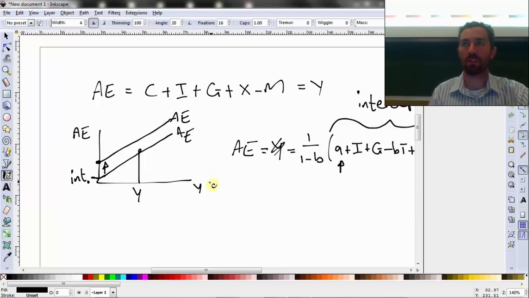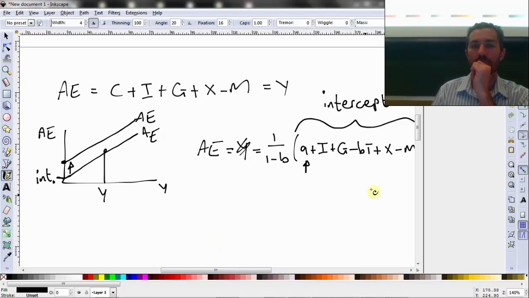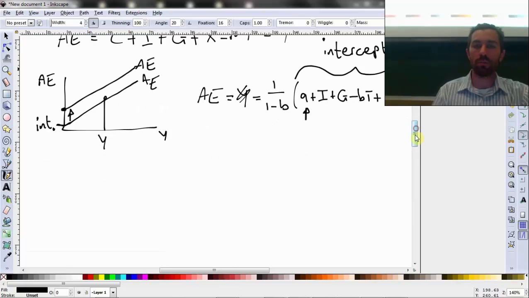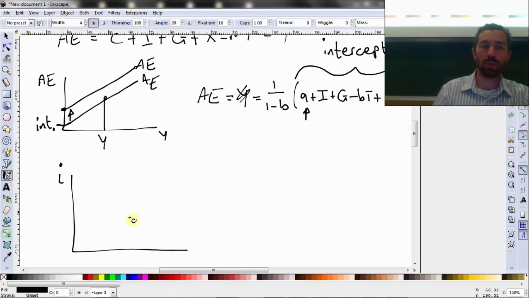What was your question? Change in intercepts, like all those intercepts. Yeah. Investments, autonomous consumption, will they cause a shift in the IS curve or movement along the IS curve? Cool. So if we're plotting our IS curve, plotting the relationship between I and output, okay?